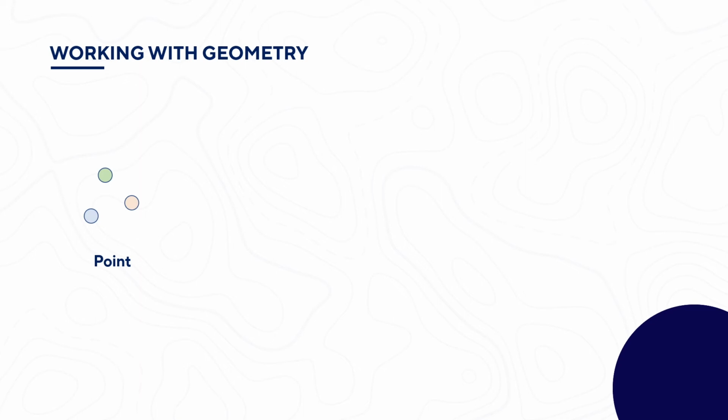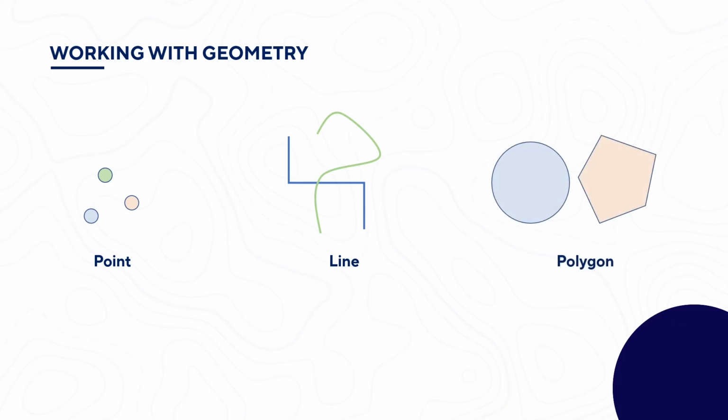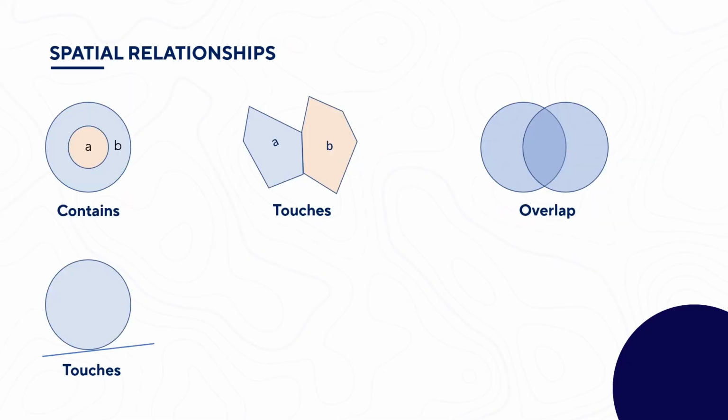Another is line data. Line may be a road or river or anything that defines a long range of data. And another is polygon. Polygon may be your parcel boundary, your forest data, or anything that defines the boundary.